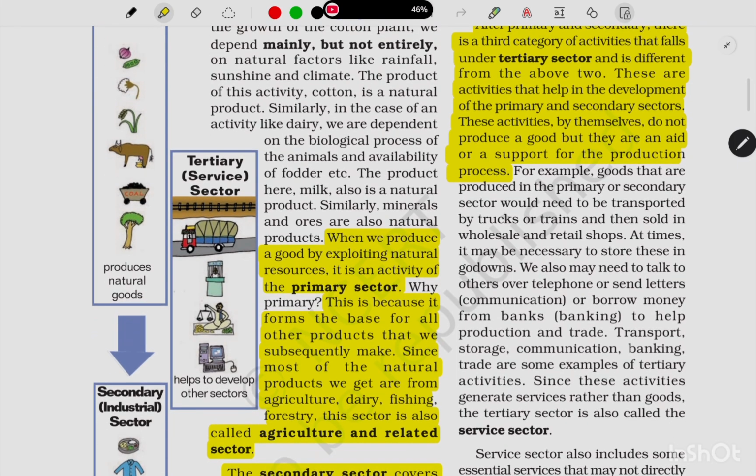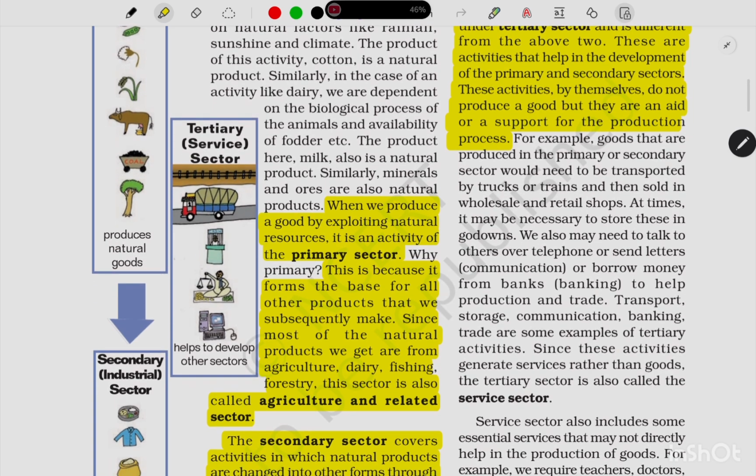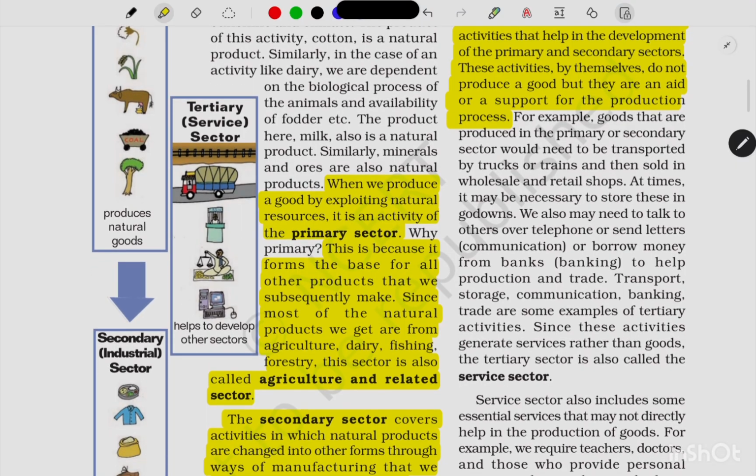So for example, goods that are produced in the primary or secondary sector would need to be transported by trucks or trains and then sold in the wholesale and retail shops. At times it may be necessary to store these in godowns.